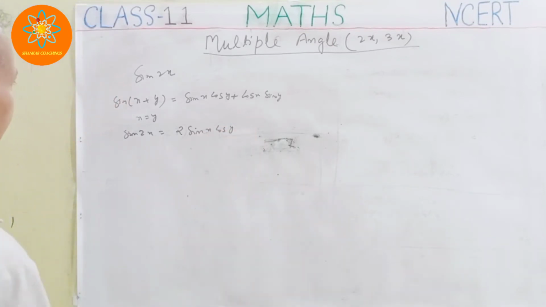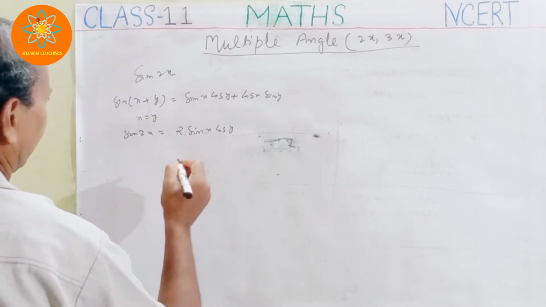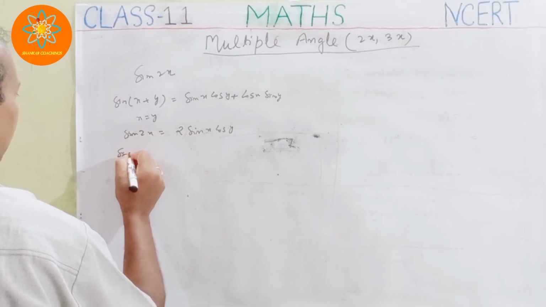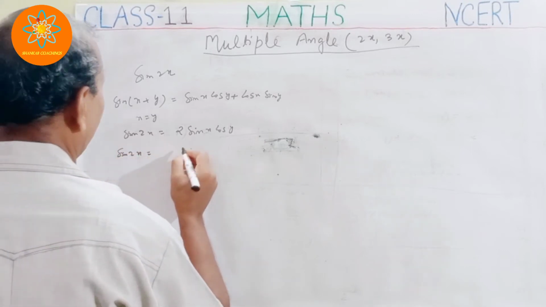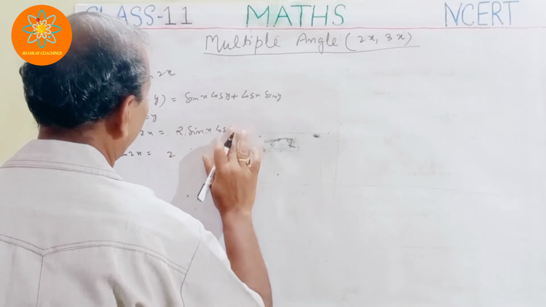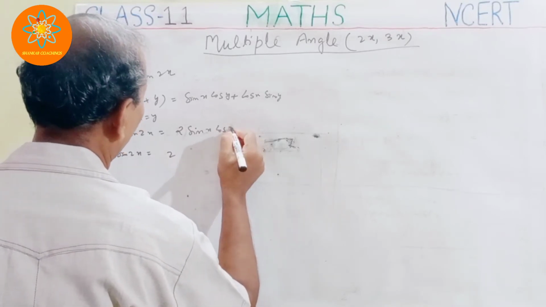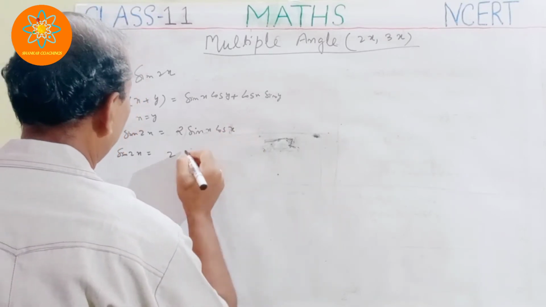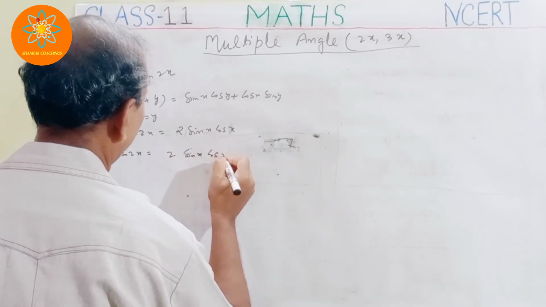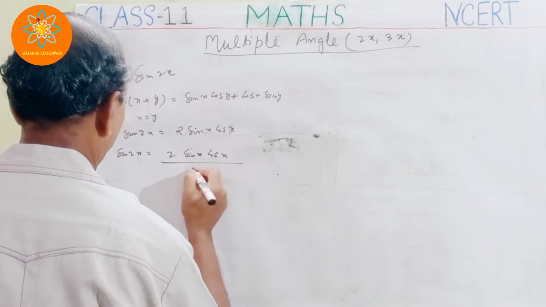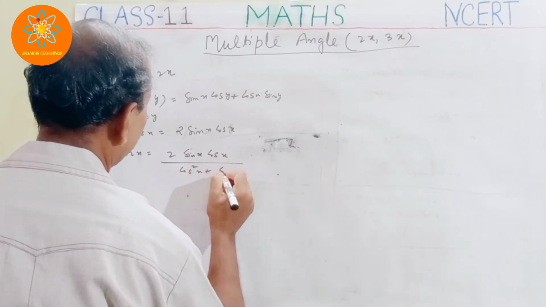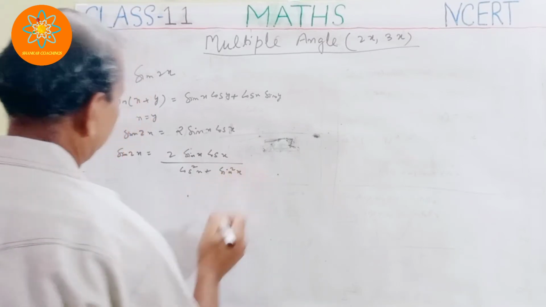One more thing, this is one formula, I can do it this way also. This is sine 2x, equal to 2 sine x cos x. I divide it by 1, which is cos square x plus sine square x.